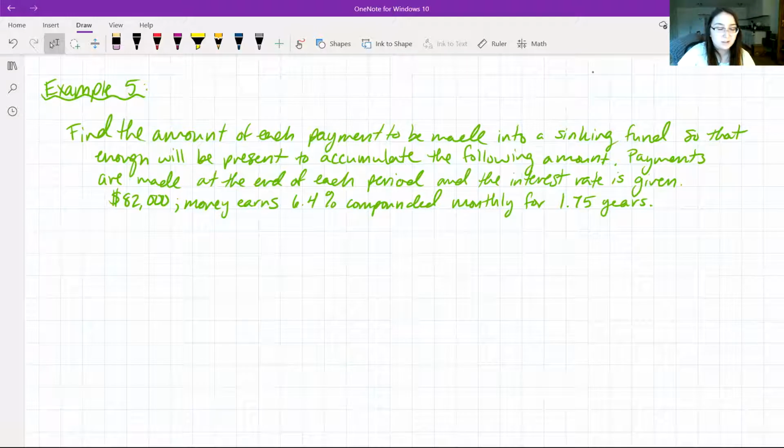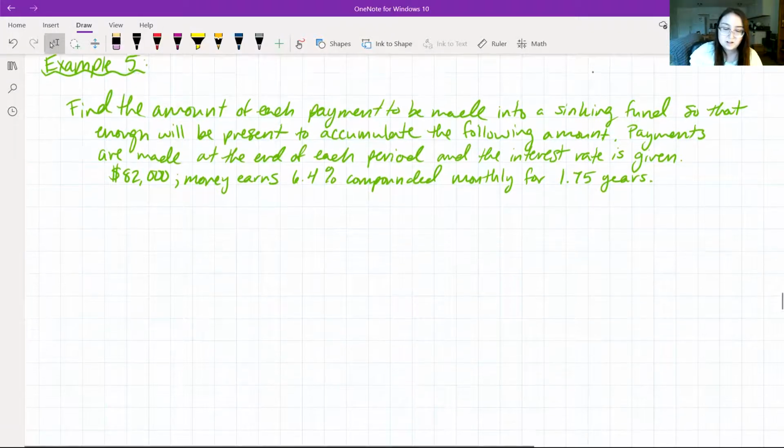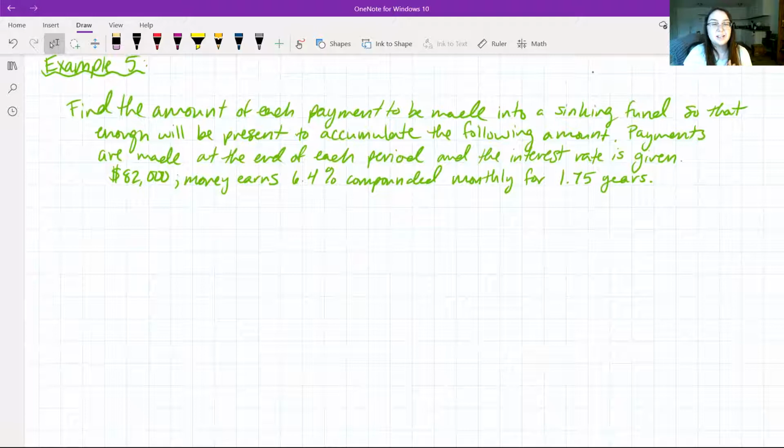We have $82,000, and our money is going to earn 6.4% compounded monthly for 1.75 years, or 1 3/4 years. So we need to find the payment that needs to be made monthly in order to end up with $82,000 at the end of 1.75 years.